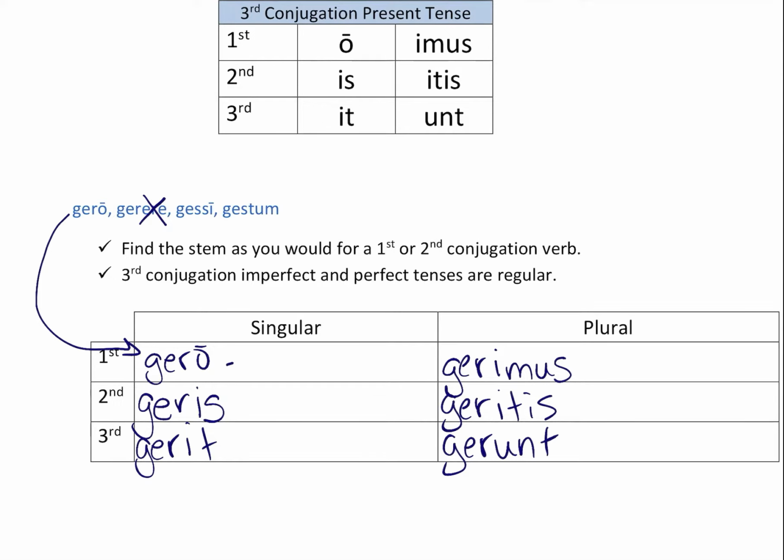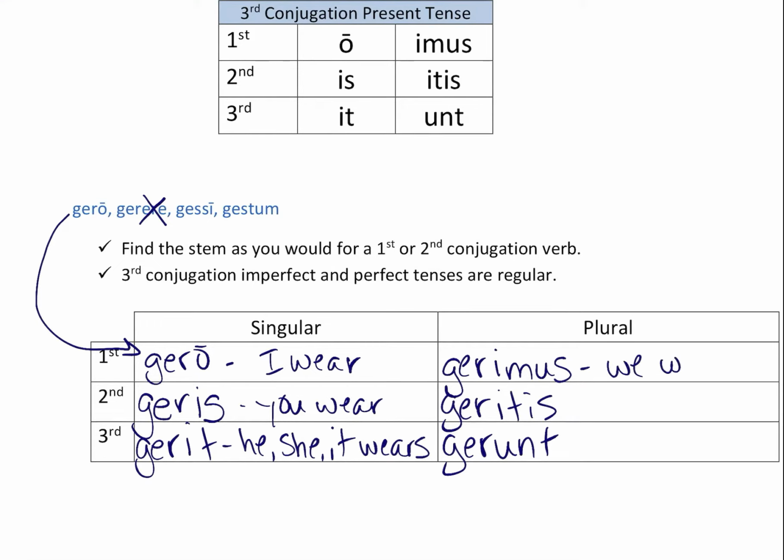And that's all. So it's normal. I wear. You wear. He, she, it wears. We wear. Y'all wear. And they wear.